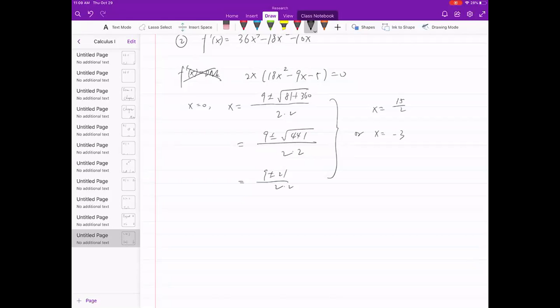Negative 3. Something is wrong. What did I do wrong? Oh, 9, 5. Okay, that's all right. B squared, 81 minus 4ac, 20 times 18, that's 360. 360 gives me 441. 441 is 21 squared. Is it? Maybe I'm wrong. 9 plus this is that. 9 minus this is 12. It's negative 3.